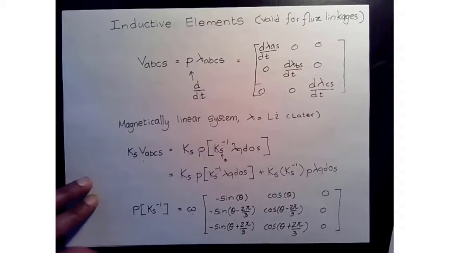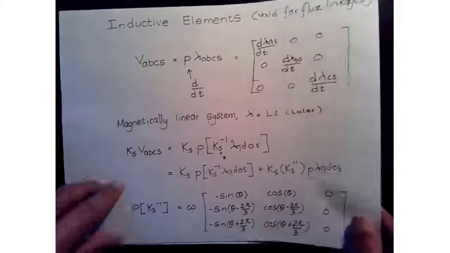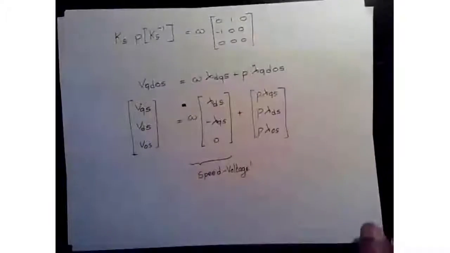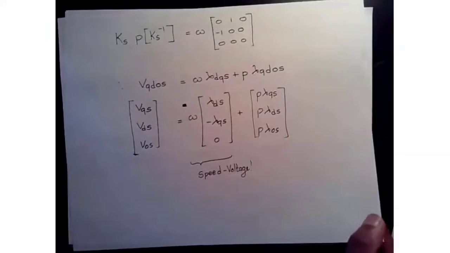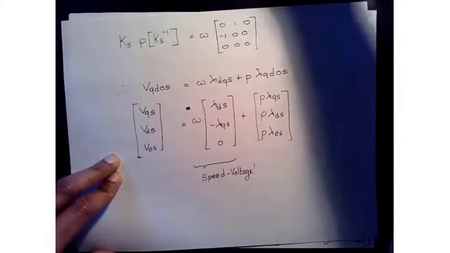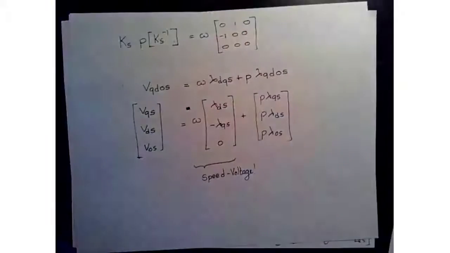So now we can take that relationship and substitute back into our equation. When you do that, you get ks times pks inverse equal to this matrix. Let me quickly flip back here.